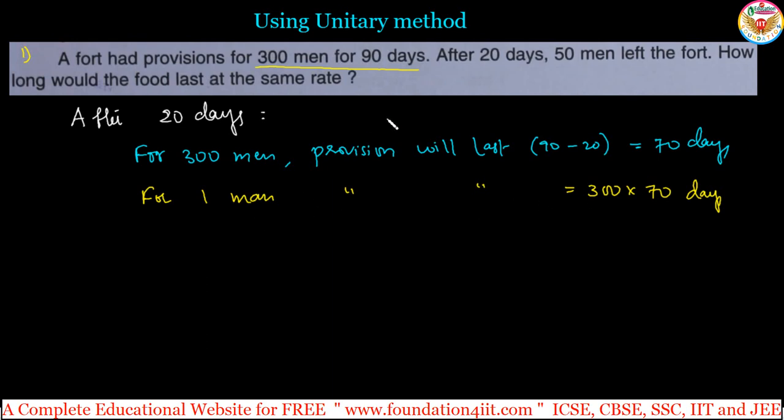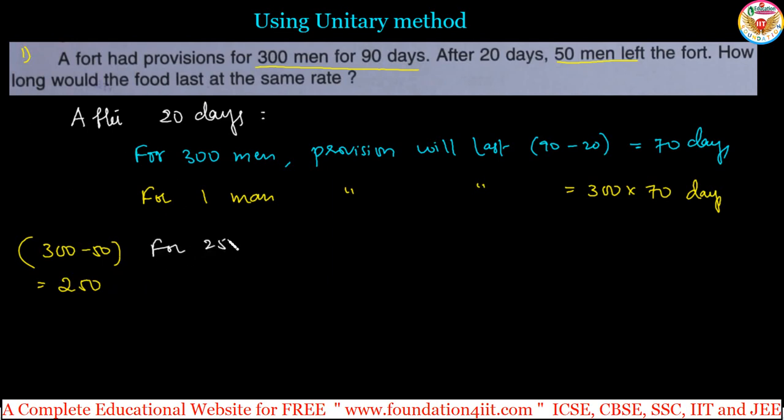But after 20 days, 50 men left. So 300 minus 50 equals 250. Now for 250 men we have to calculate.